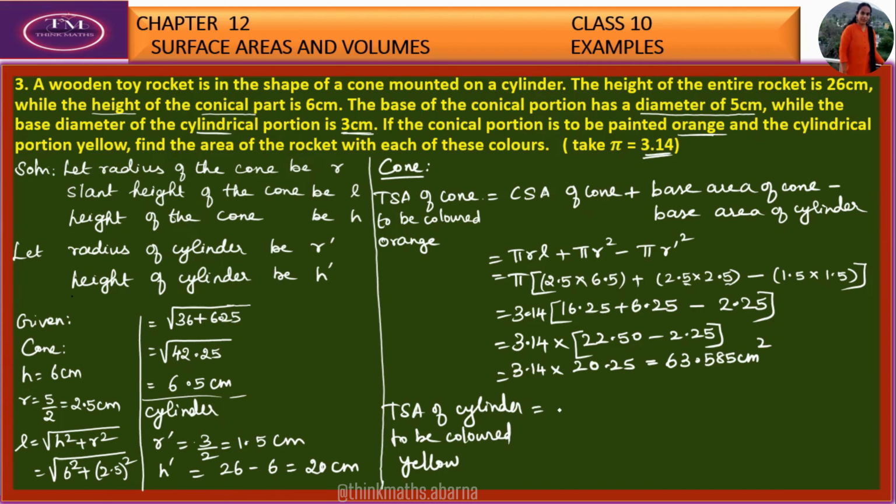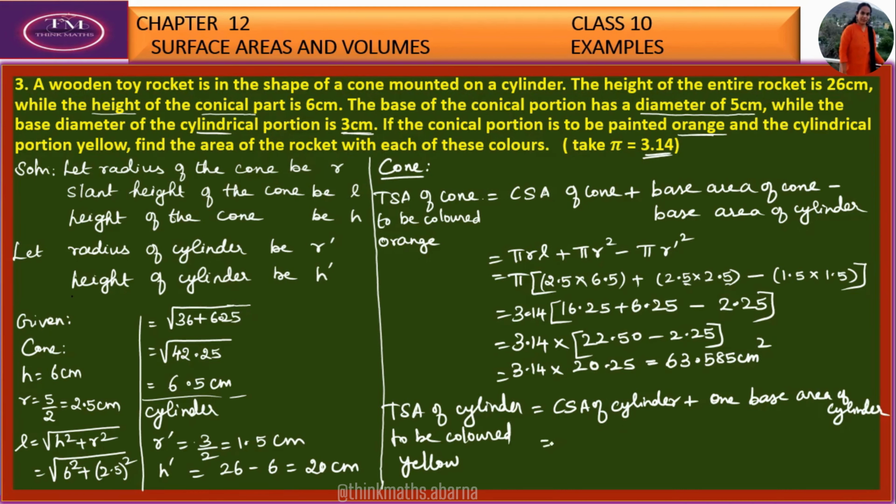So what we found? It is nothing but the curved surface area of cylinder plus one base area, because one base area is hidden with the cone. So one base area of cylinder.